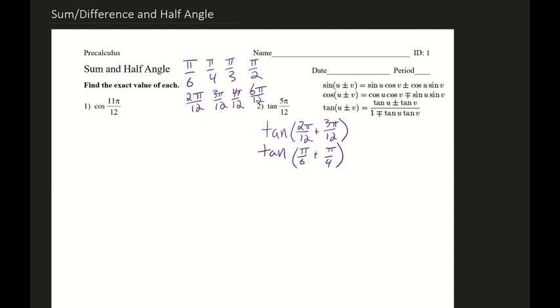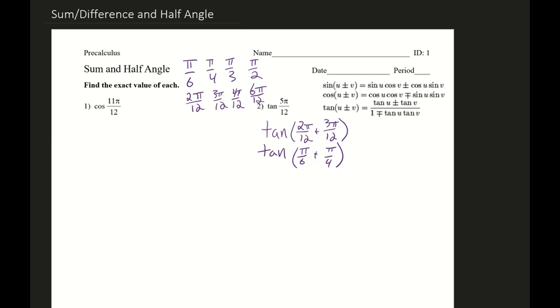Other times, there's not one, like we can't look at these and go, oh, well, 6 plus 3 plus 2 is equal to 11, because we want to do this as a sum or difference of two angles. So we can look at what are some of our numbers that add up to 11 that are factors of 12? Either add to 11 or subtract.